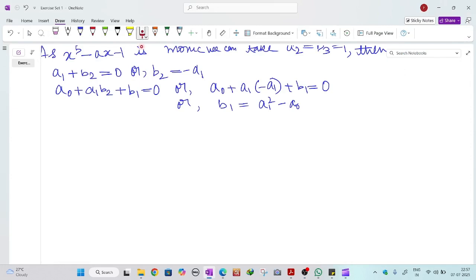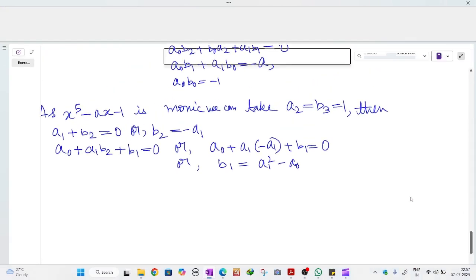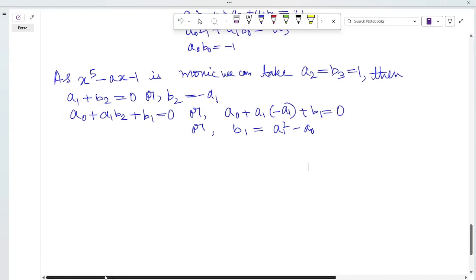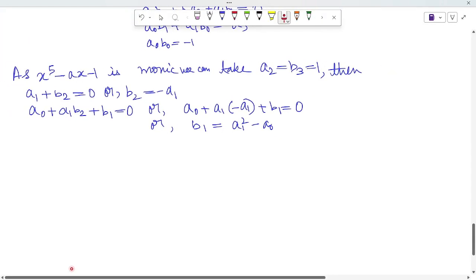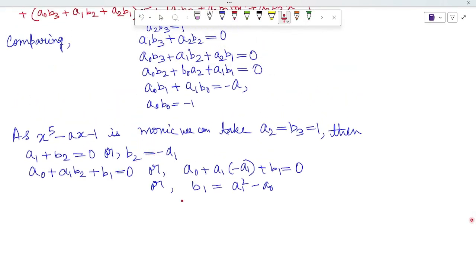Let me proceed. From the above set of equations, we determine the values of B2 and B1. So we need to determine the value of B0, and putting the values of B0 and B1, we will get the value of A here. To determine the value of B0, we will use this equation.